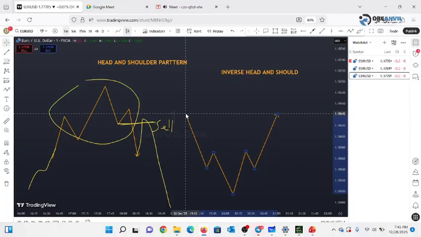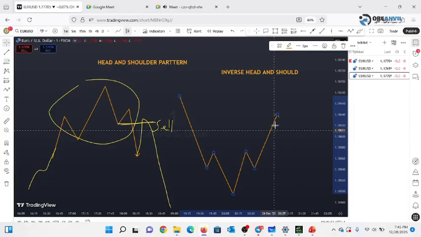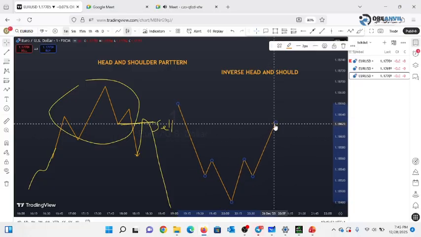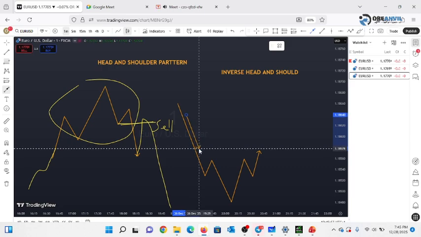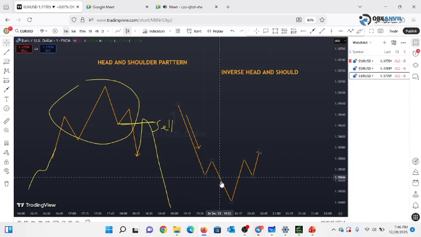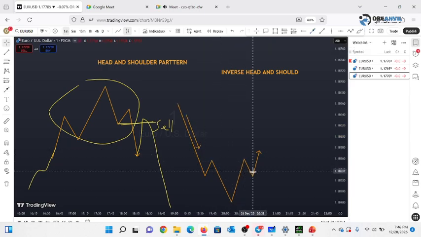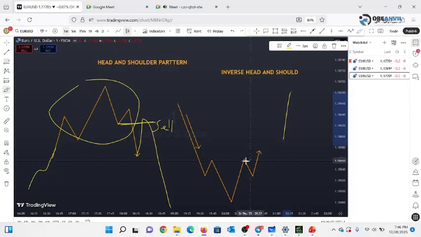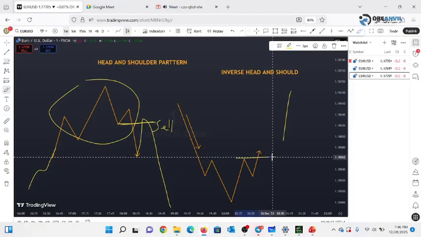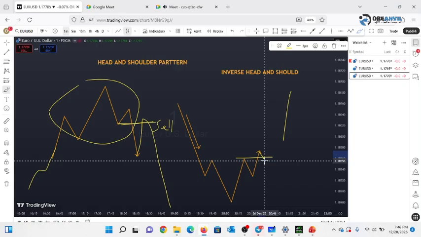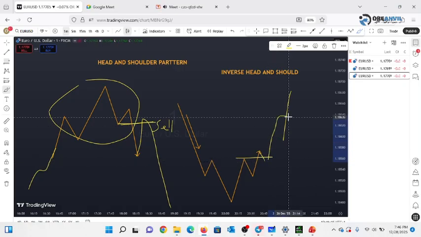So let's say the market is coming from a downtrend, the market is coming down, and it starts giving you this head and shoulder. Once it does, it's telling you that the market wants to reverse to the upside. So when it gives you this right shoulder, you need to mark the right shoulder and wait for price to come back to it. When those candles come back to it, this is where you can take a buy to the upside.